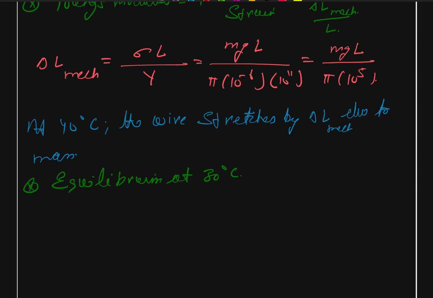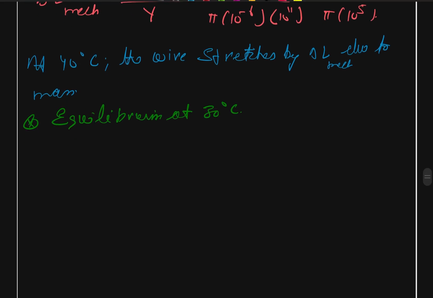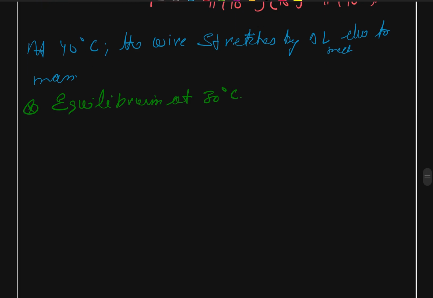In this case we have to remember that if there was no mass, then the length would be shorter because of the thermal contraction. So we have to keep this in mind.